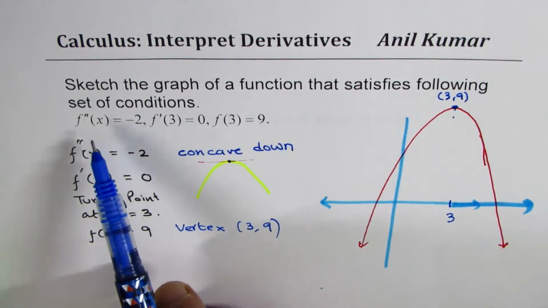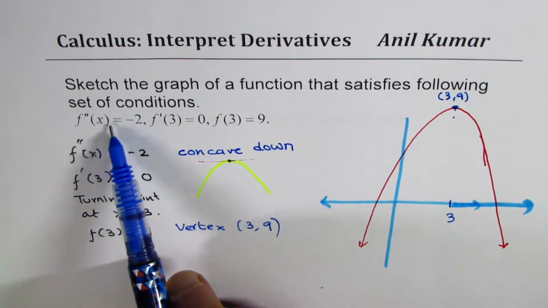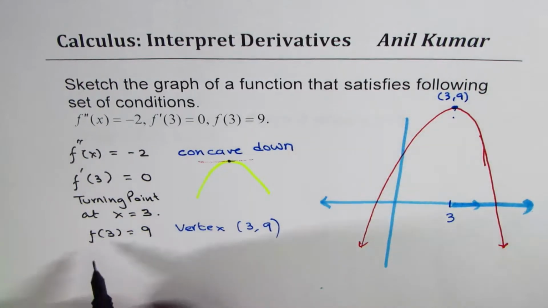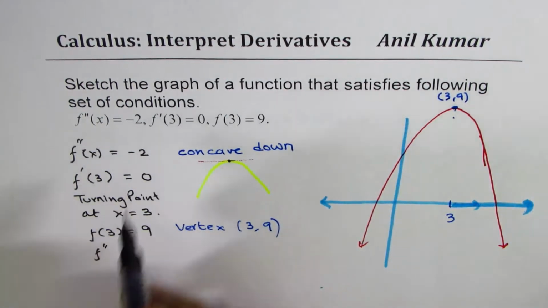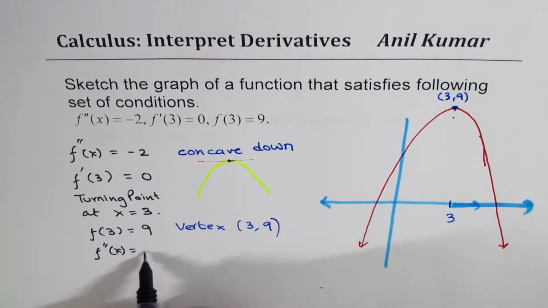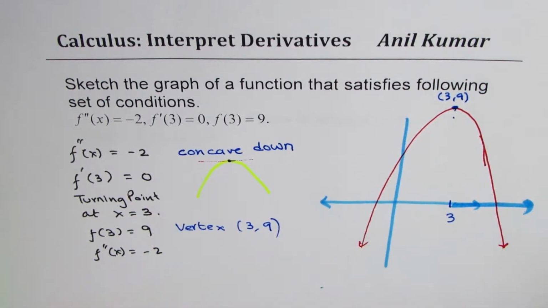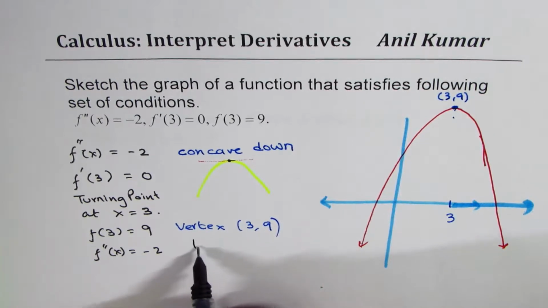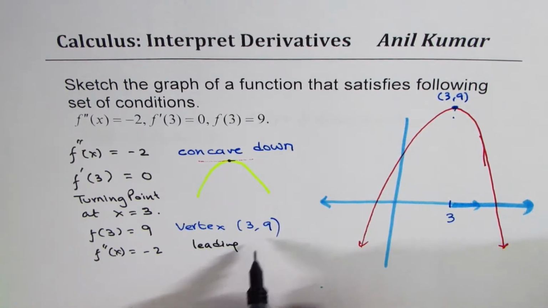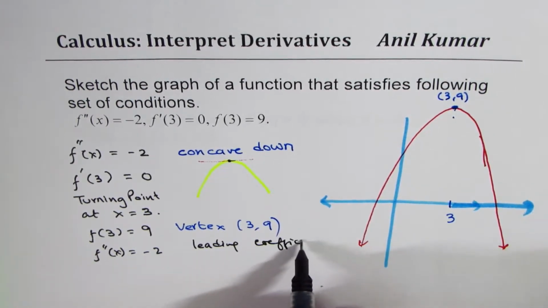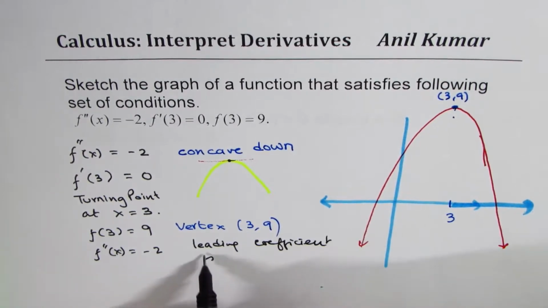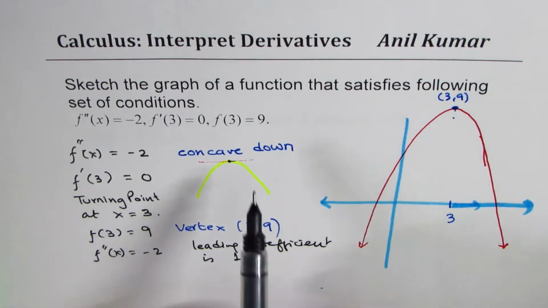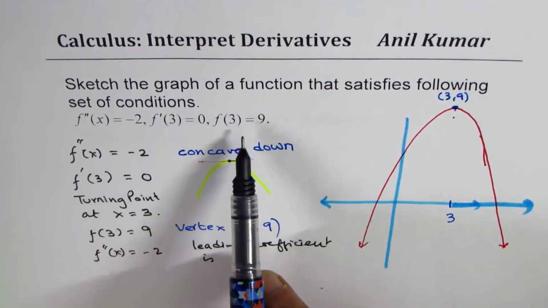What you also get from this is that the second derivative is -2. And that gives you an idea of the second difference. So when you say second derivative is -2, then we also find that probably the leading coefficient is 1, right? So we are definitely dealing with a function where a is 1, correct?